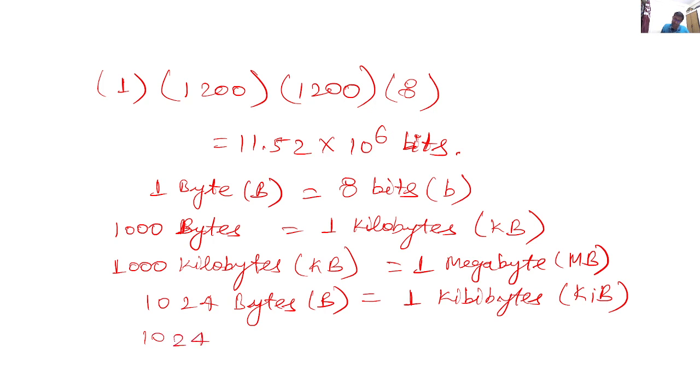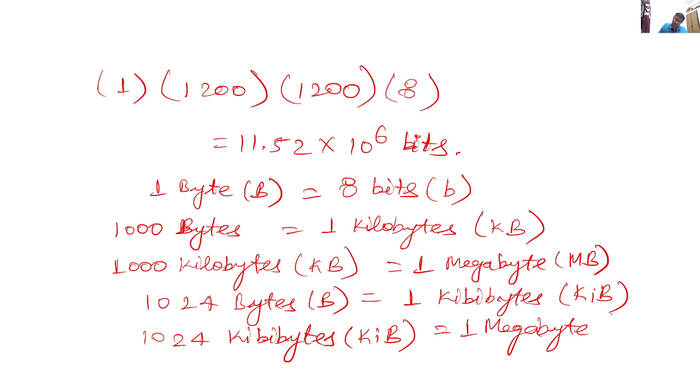And 1024 kibibytes, KiB, is 1 mebibyte, represented as MiB. But for the sake of this course, for the sake of this question, let's just focus on megabyte, MB, and not mebibyte. So the answer which we got was in bits.